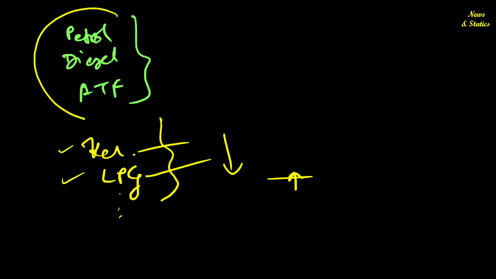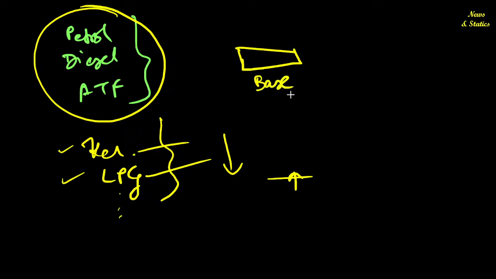But why is GST not being imposed on petrol, diesel, and ATF? Because what happens is that there is a base price. There is a price of the global crude, and then the refining margin and the dealership margin. You have the base price. On this base price, you add the central excise, because it is a production of these petroleum products.